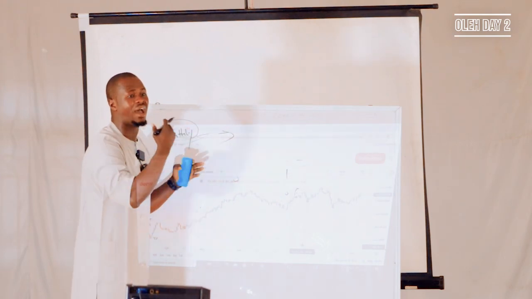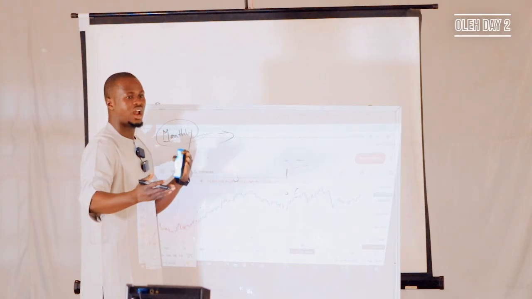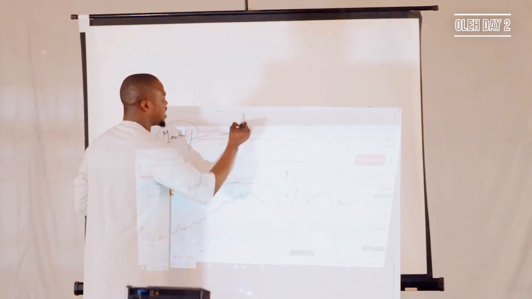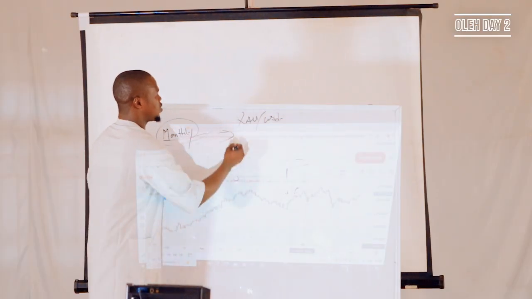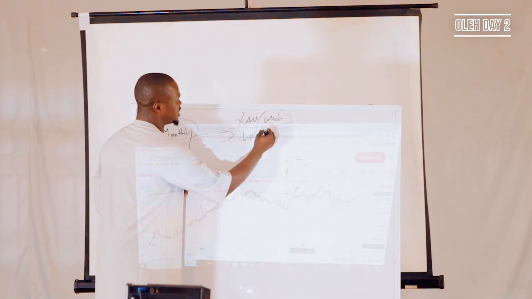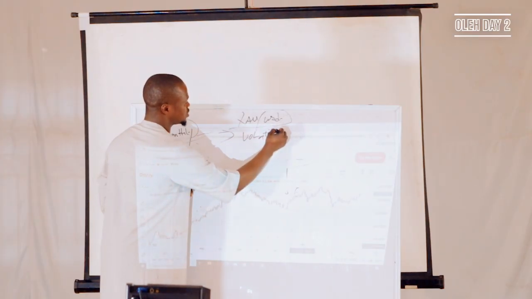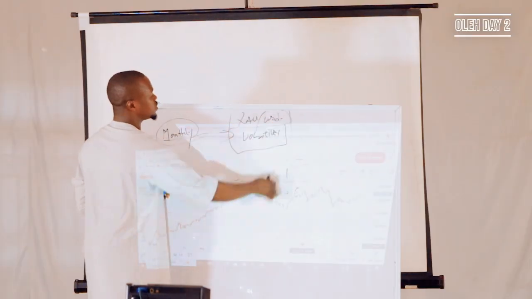I told you guys yesterday that we have different currency pairs. The most popular currency pair we have is XAUUSD, which is gold, while on synthetic it is volatility. This is the common one, but I don't trade these two.